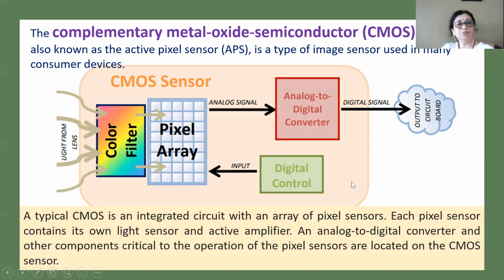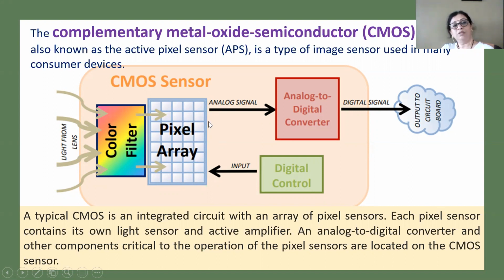So here you can observe different components of CMOS sensor. Earlier there is a lens. Through this lens, the light will be focused onto a pixel or onto a color filter. So before the pixel array, there is a color filter. After that, there is a pixel array.